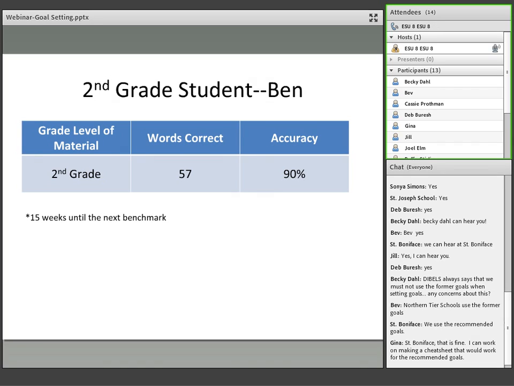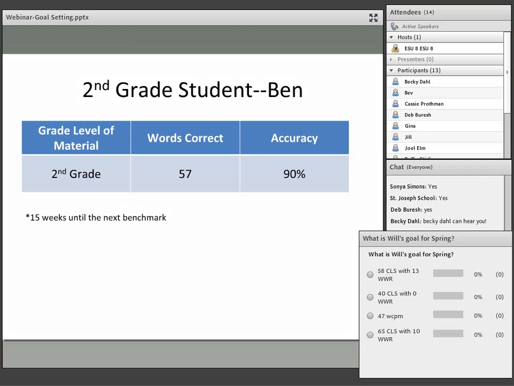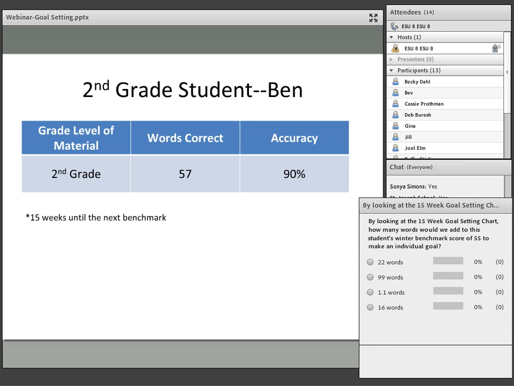So any student who reads 57 words correct in a minute or more should be expected to make the spring benchmark of 87. So for Ben, if we look at Ben's data, he is reading 57 words in a minute at second grade level.